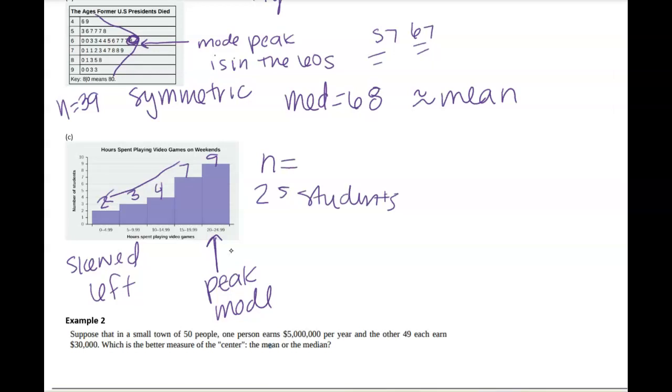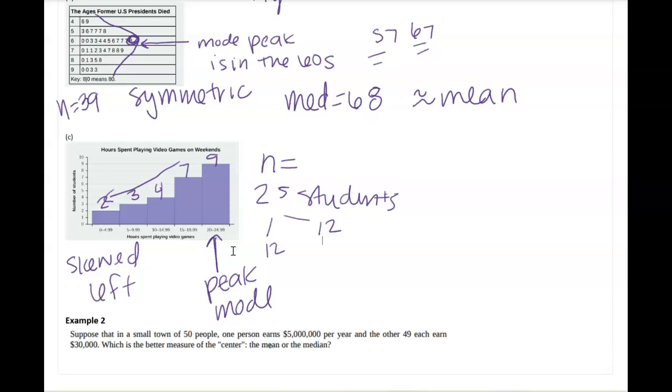So again, we have an odd number. I'm going to have 12 and 12 in each half, and then that 13th data point is where my median is. Well, 2 and 3 is 5, plus 4 is 9, plus 7 is 16. So my median is going to be in this bar right here.